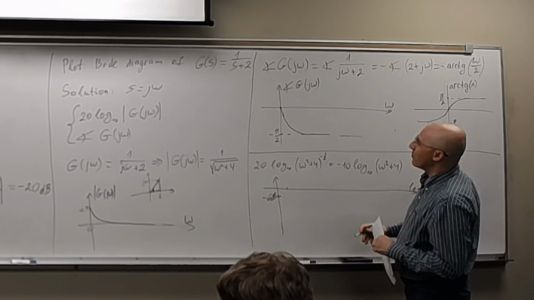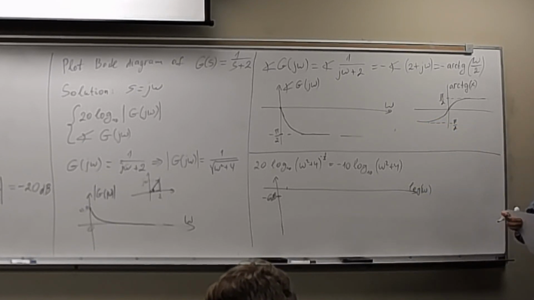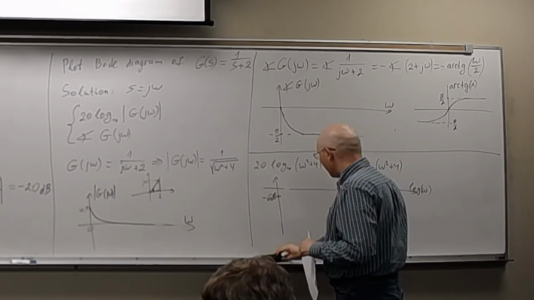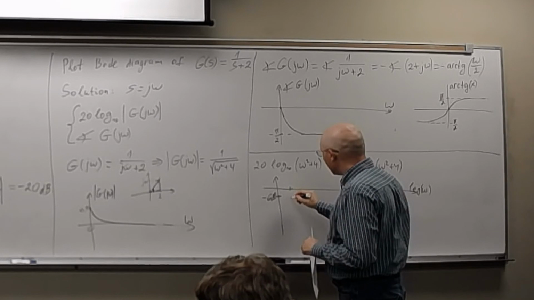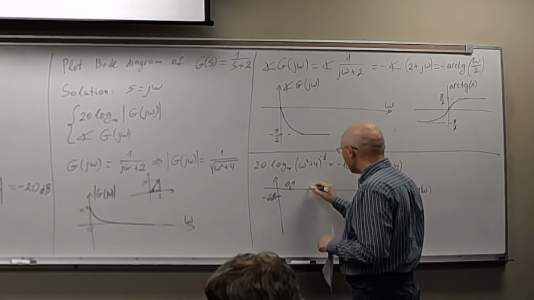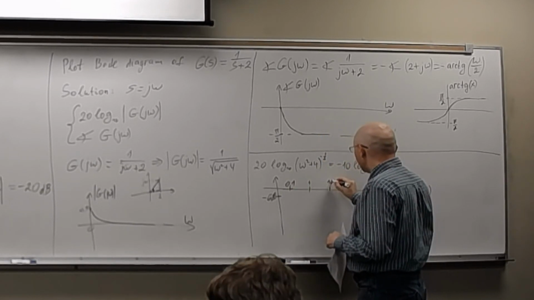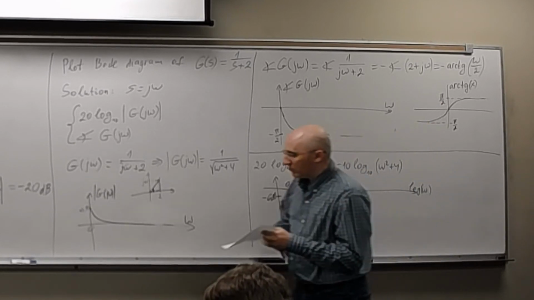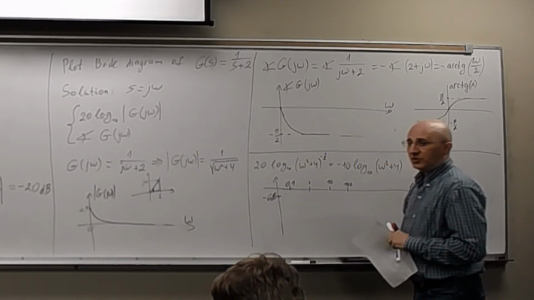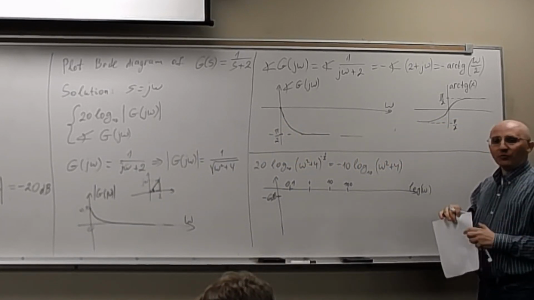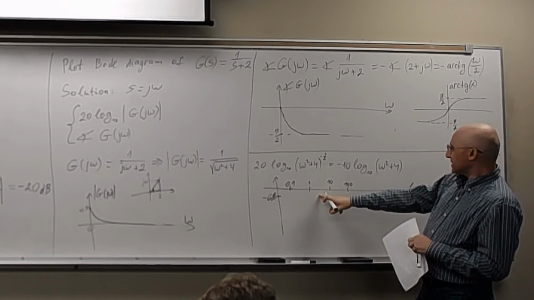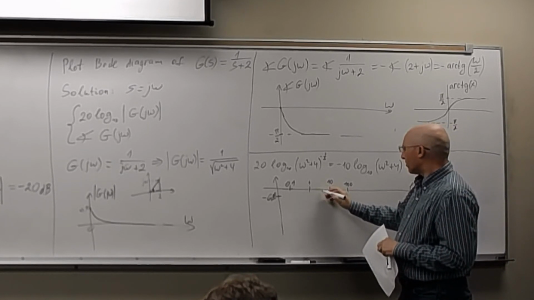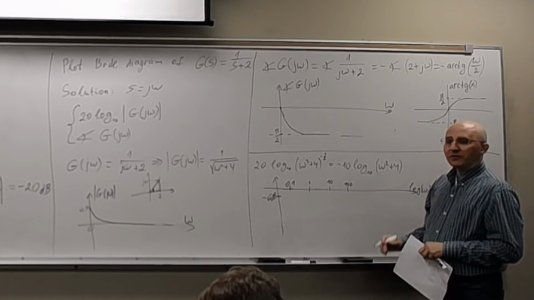So where do you have the pole? Let's put some scale here. Let's say you have 0.1, then you have 1, 10, 100. Now the pole is at negative 2, right? In a logarithmic scale, it goes like that. First step is the biggest one, then smaller, smaller, smaller, and so on.